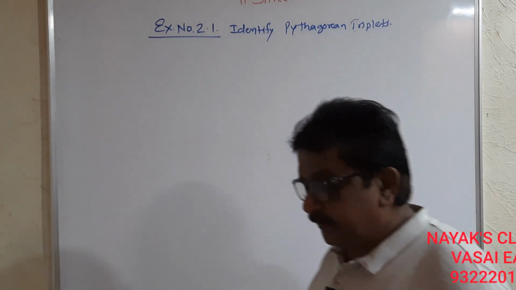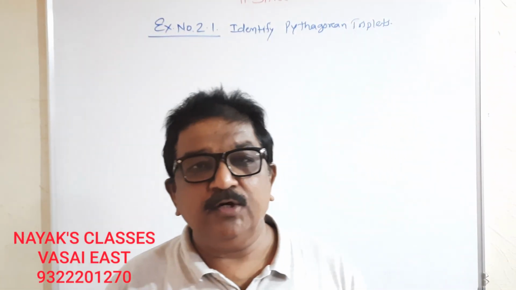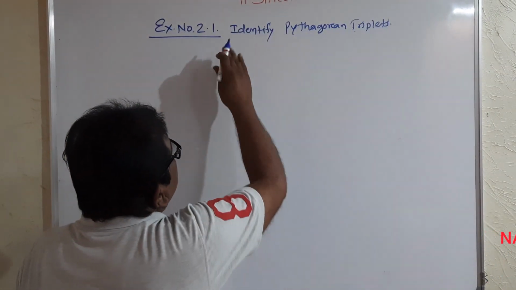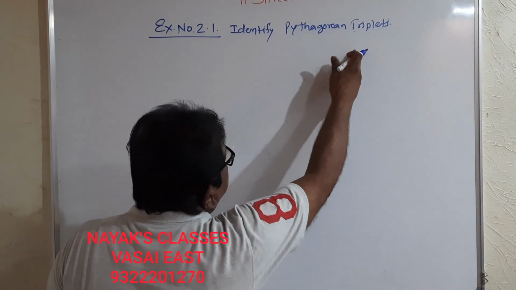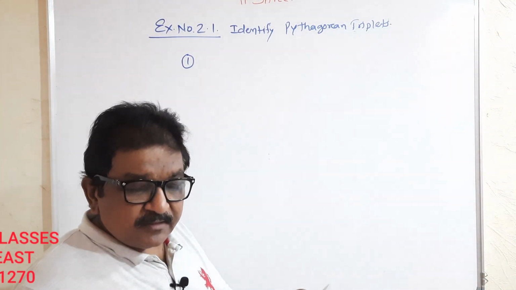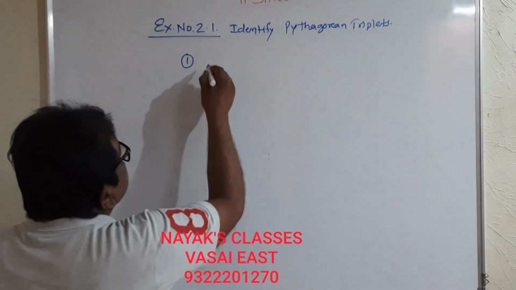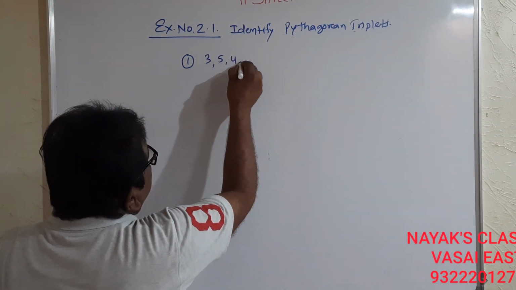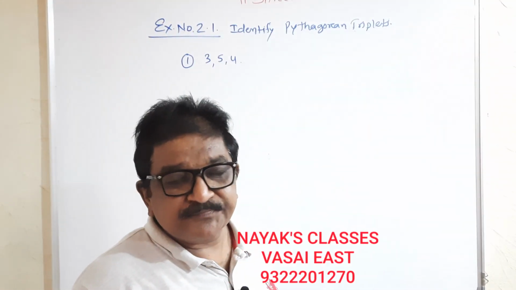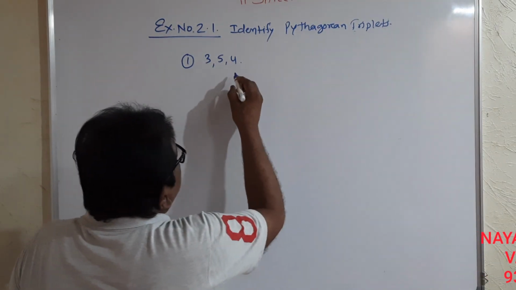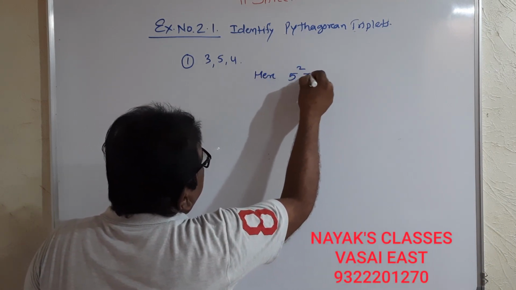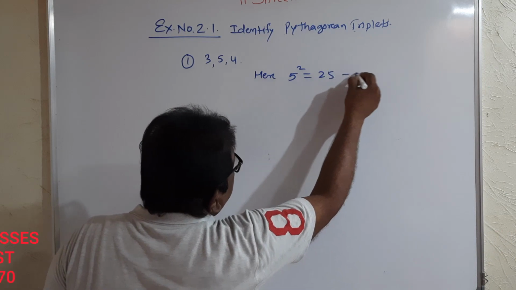We are starting exercise 2.1 depending on the given 5 properties. The first question is to identify the Pythagorean triplet. Question number 1 says the numbers given are 3, 5, 4. The largest number is 5 here. 5 square is equal to 25, statement 1.